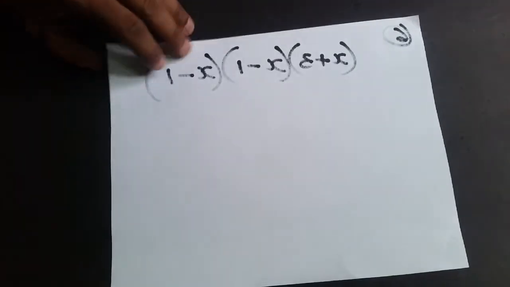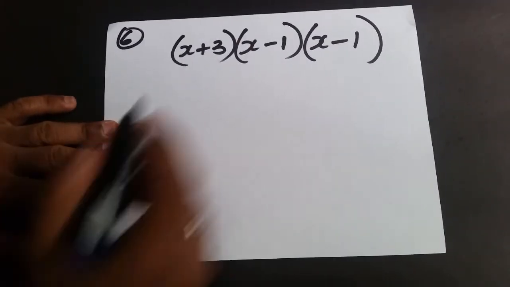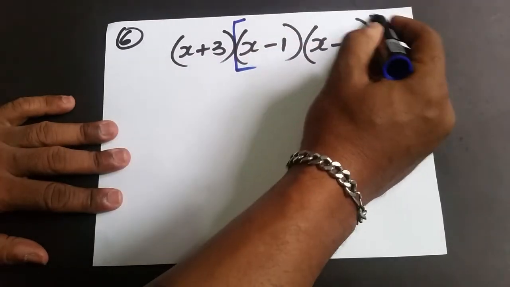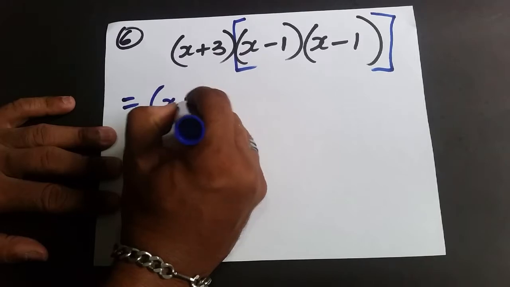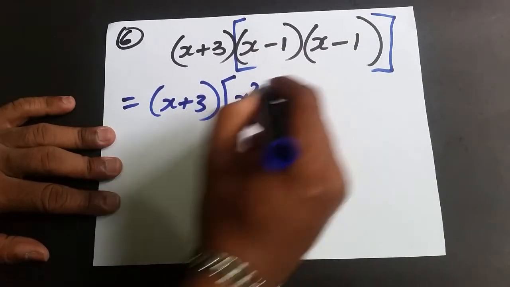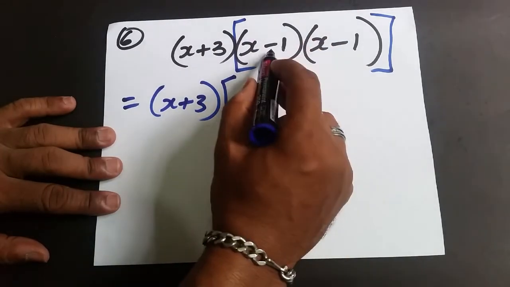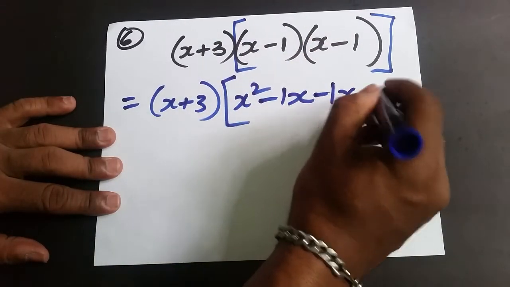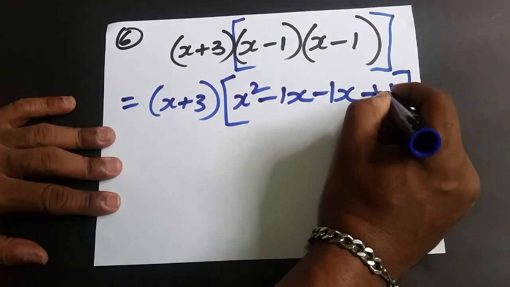Let's take a look at question 6. All right, so remember the recommendation is expand the back two brackets. So this would be x plus 3, and then what we'd have here is x times x is x squared, x times negative 1 is negative 1x, negative 1 times x is negative 1x, and negative 1 times negative 1 is positive 1.